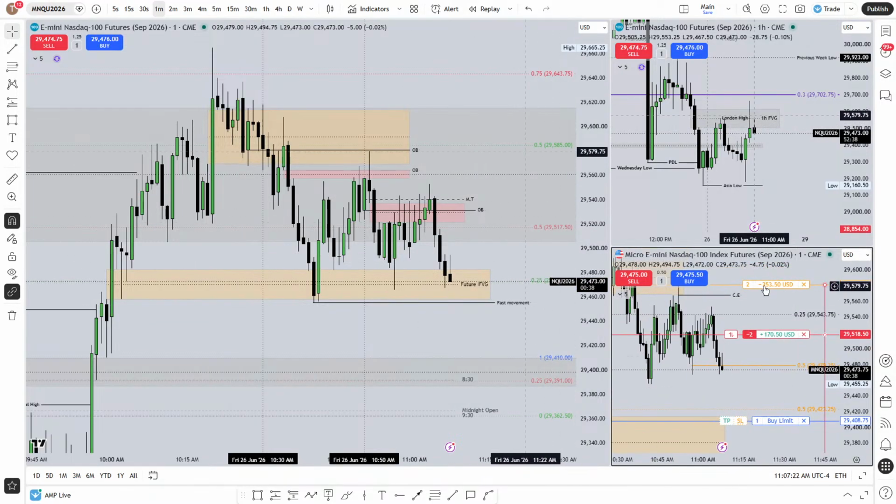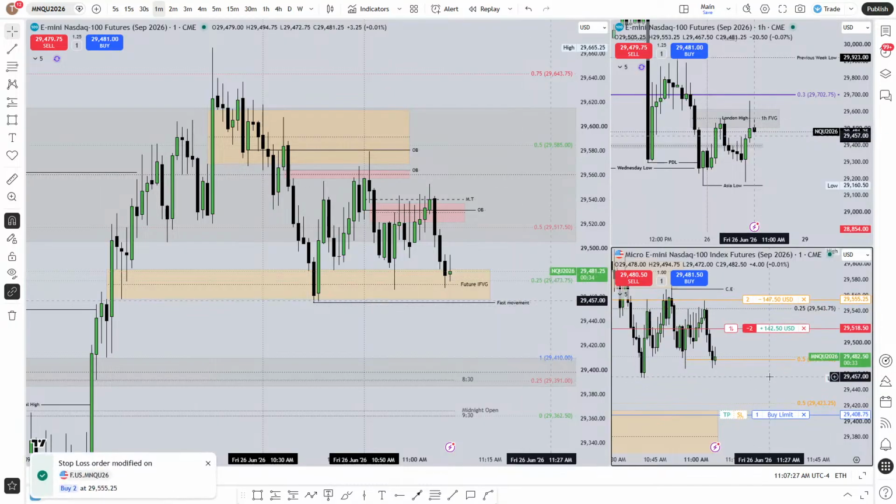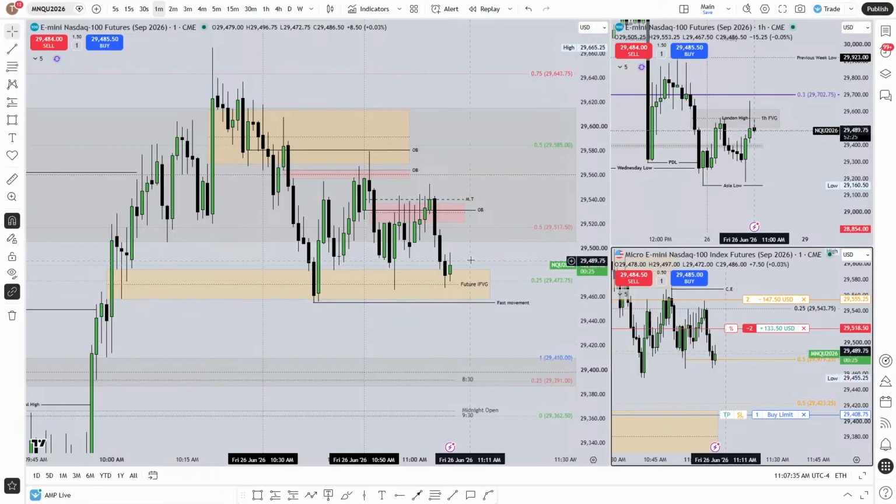So I don't think it's a terrible idea to move my risk to right here now. Because we've just spent so much time up in this area, and I think with this and the mean threshold of that order block right there and us holding and then seeing displacement away, I wouldn't want to see us take this high because it also swept buy side.